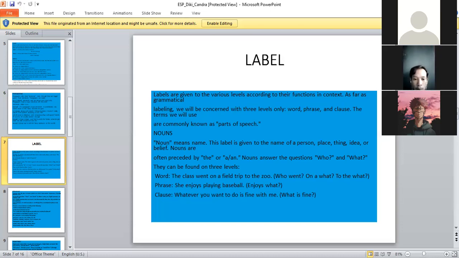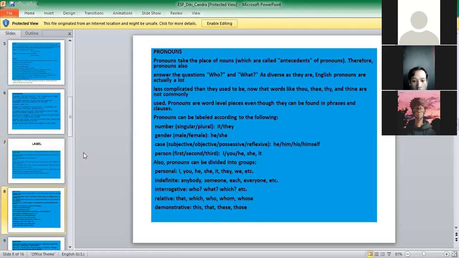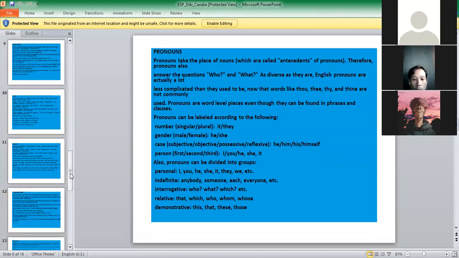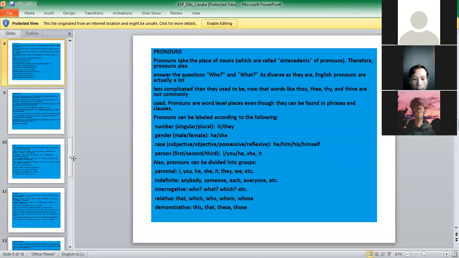And then pronouns. Pronouns take the place of nouns, which are called antecedents of pronouns. Therefore, pronouns also answer the question who and what.